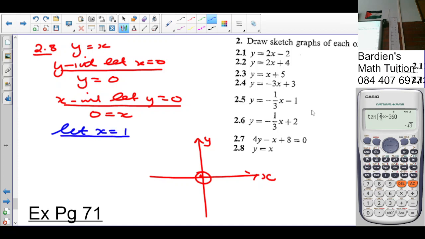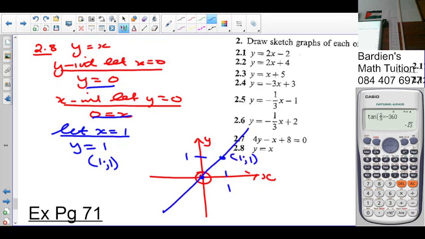You could have let x equal 5, 12, or minus 3, it doesn't matter, but I always let x equal to 1. Then y is equal to 1, so it will be 1 and 1. Definitely going through the origin, 0 and 0, and if x is 1, y is 1, which is that point. So there we go, the graph.